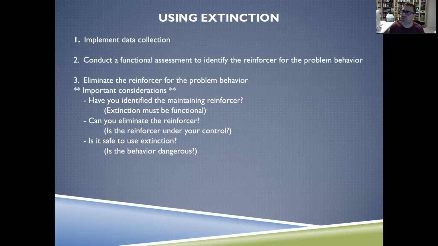What would extinction look like? The person engages in aggressive behavior, and then you don't eliminate the task. The task is still being presented, so the person has to continue engaging in problem behavior. You may not want to implement extinction in this case because you don't want the person to even engage in the dangerous behavior in the first place.